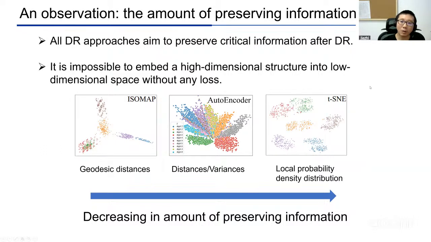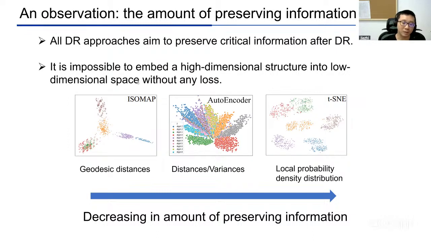First, all dimensionality reduction approaches aim to preserve the critical information in the low-dimensional space. Second, due to the intrinsic difference between the high-dimensional space and the low-dimensional space, it's impossible to embed high-dimensional structure into low-dimensional space without any loss.